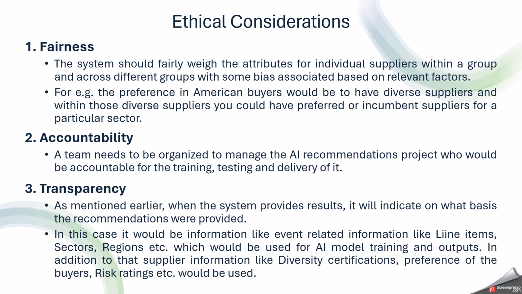In addition to that, we have supplier related factors like the risk ratings, preference of the buyers, diversity, certifications, etc., which will be relevant for recommendations or providing better savings. So that was it related to the AI project for recommending suppliers or negotiation steps in the field of sourcing.